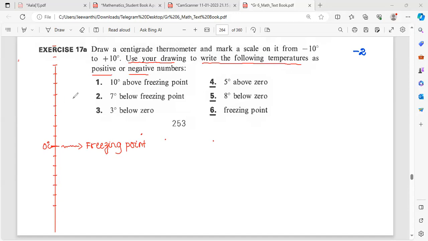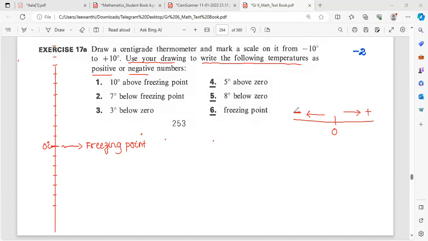So children, now you just imagine that if I take the number line, we know that the middle is 0, to this side I have the positive numbers, to this side I have the negative numbers. And the same number line, I just turn anti-clockwise and keep it vertically. This is the practical way that we use the number line, and this is the thermometer.